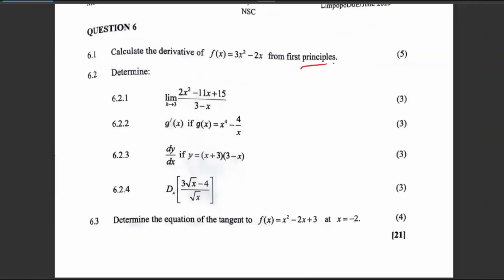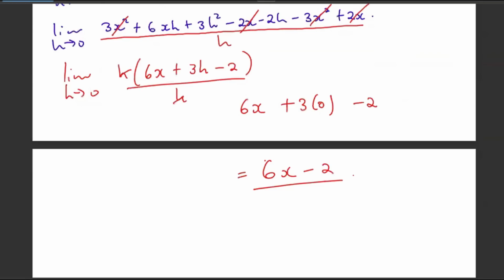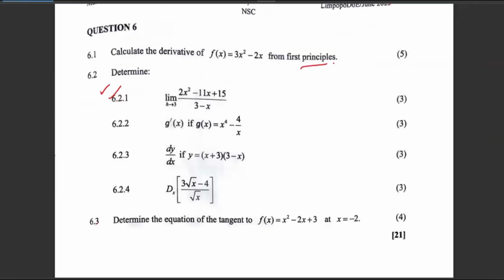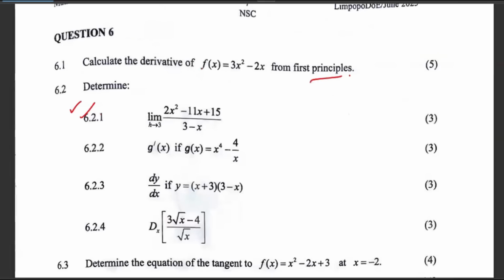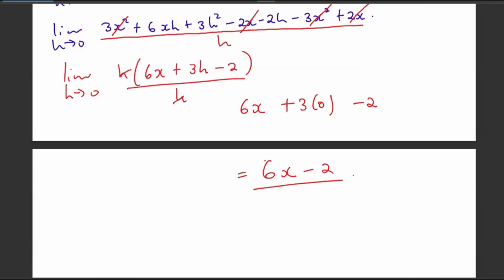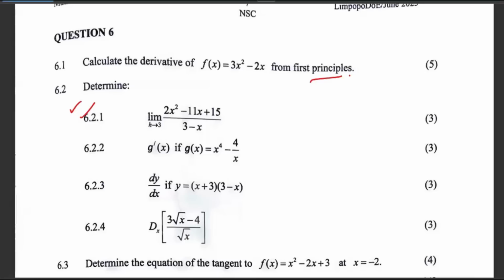All right, then 6.2.1. They're telling us that we must simplify this if the limit of h tends to 3.